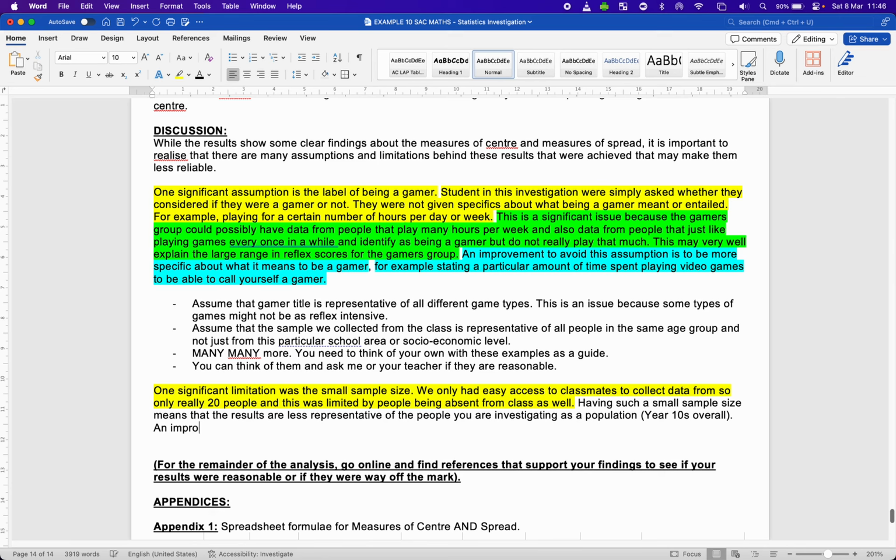An improvement to avoid this limitation is extending the sample beyond the class to more of the school.